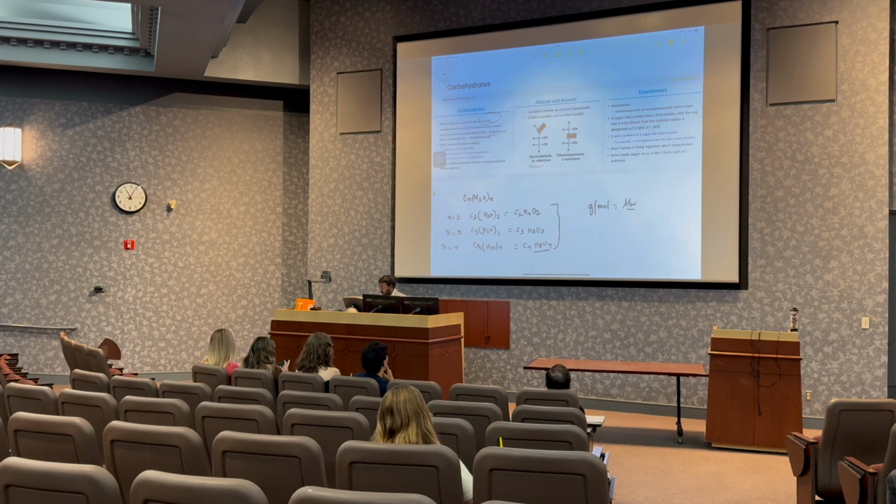So it could be as small as 90, or it could be as large as 200,000 grams per mole. Okay, this should be a large carbohydrate and this would be a small carbohydrate. So depending upon the molecular weight, carbohydrate could be as small as 90 grams per mole or as large as 200,000 grams per mole.